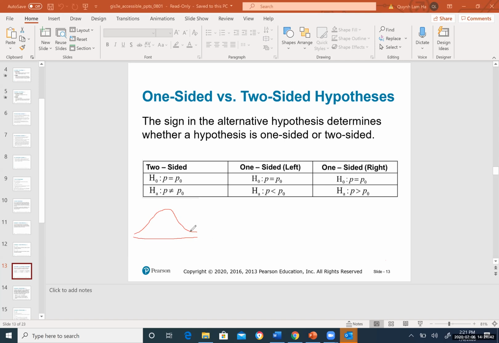It means this side and this side combine to form the p-value. So for the p-value in this two-sided case, you have to add this left area plus the right area right here. And how do you compute this?